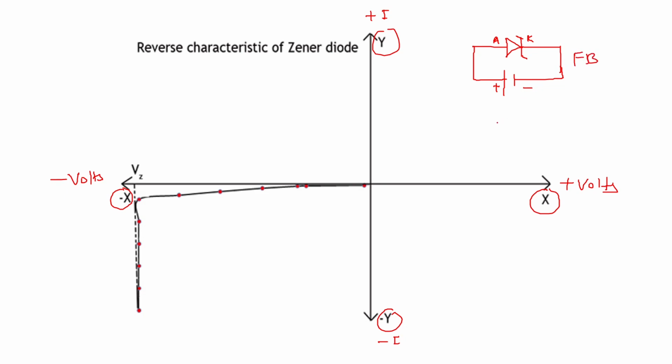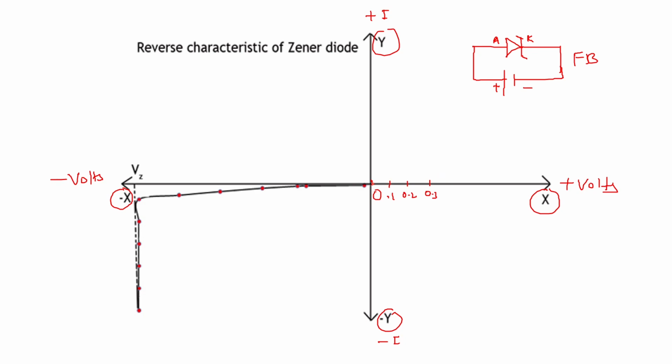In forward bias condition, it is going to behave the same as your normal PN junction diode. If this is your point 0 center point, then you can increase the voltage as 0.1, 0.2, 0.3. If it is germanium, the forward biasing will take place after 0.3 volt. If it is silicon, it will take place after 0.7 volt.